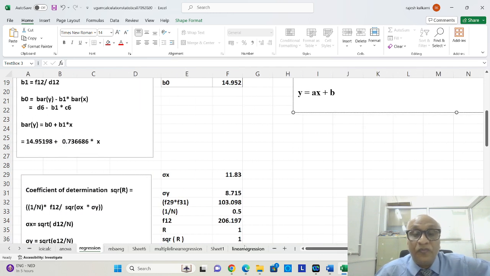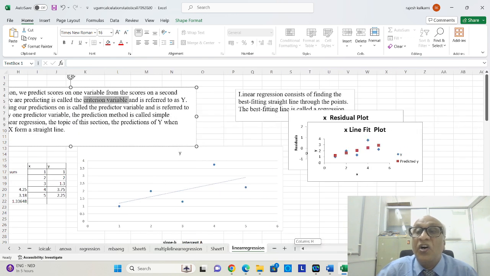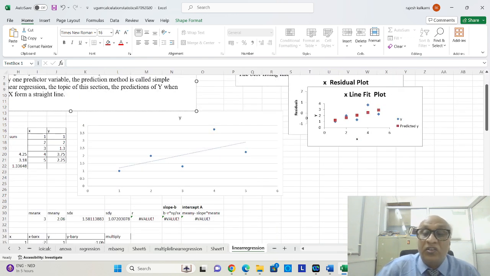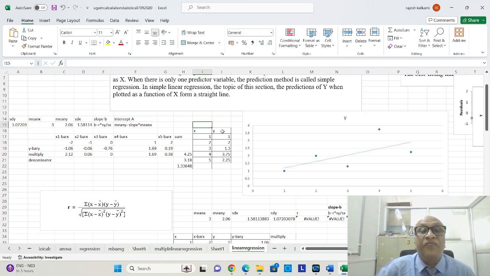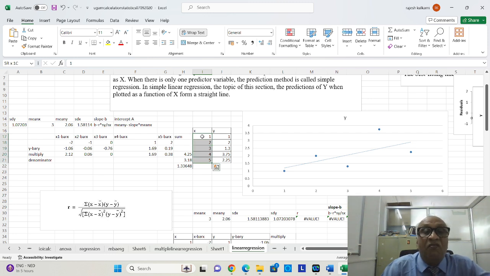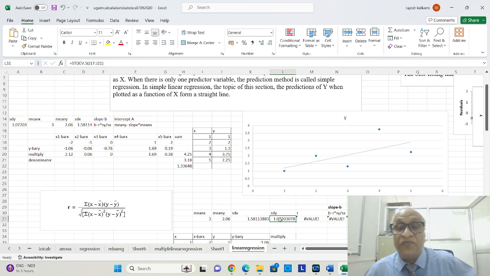Let us say I have these variables x and y, and I have mapped values for x as 1, 2, 3, 4, 5 and some values for y. Here I calculate the mean of x, mean of y, standard deviation of x, standard deviation of y, then the correlation.